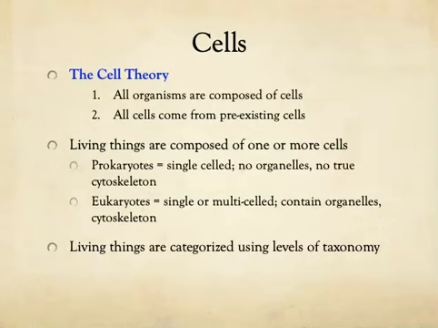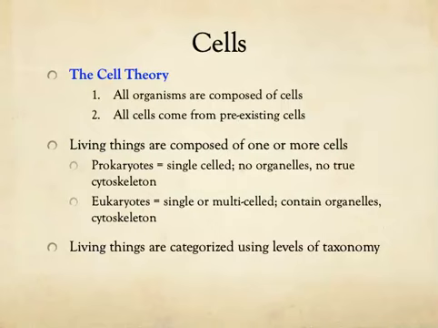Remember, this term prokaryote refers to the type of organism that is single-celled, and within those cells there are no organelles and there is no true cytoskeleton inside of the cell. Those are the prokaryotes. Now, eukaryotes are quite different. Eukaryotes can be single-celled, but they can also be multicelled. Eukaryotes contain organelles inside of their cells, and they also contain a true cytoskeleton.